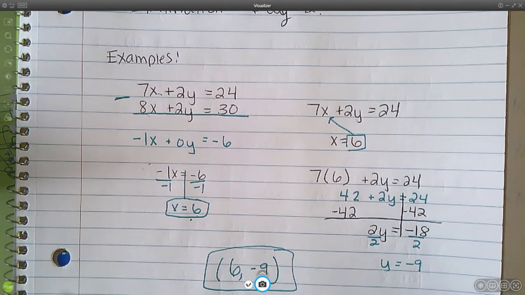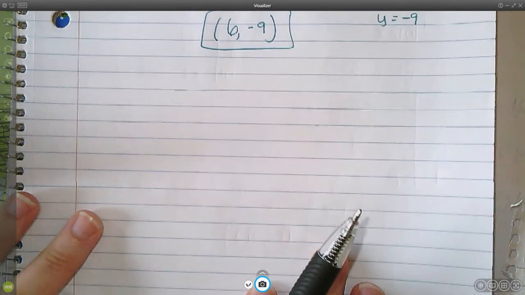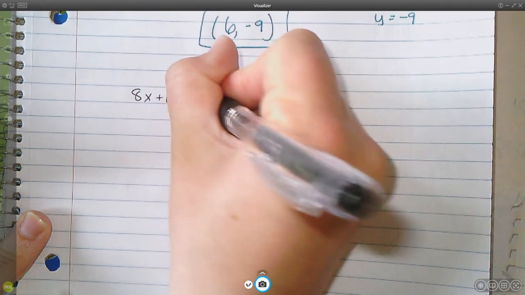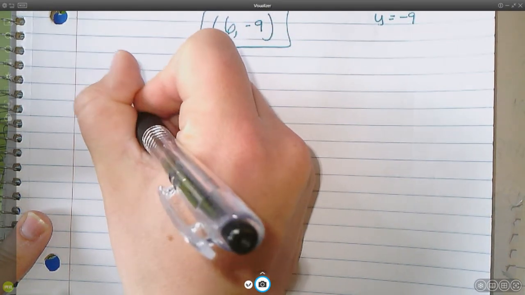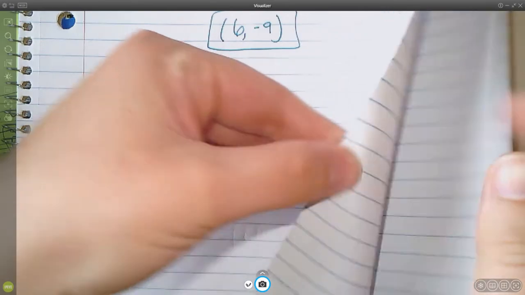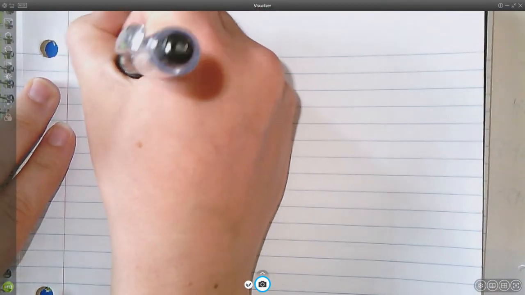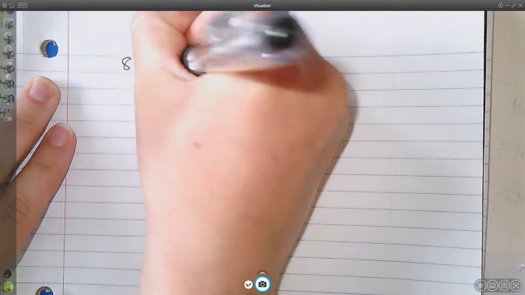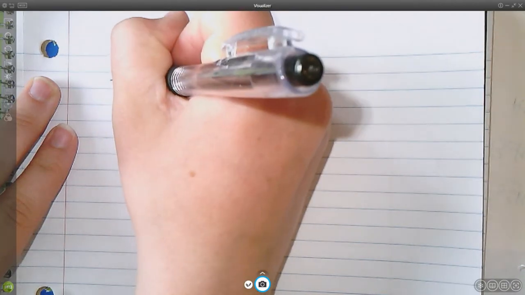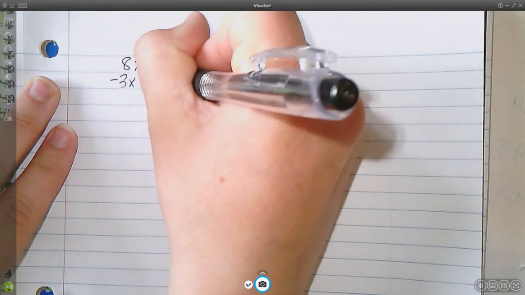Okay, so we're going to do one more. Let's do 8x plus y equals negative 16, and negative 3x plus y equals negative 5.